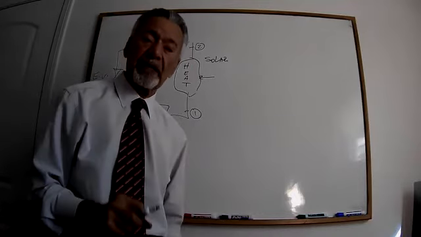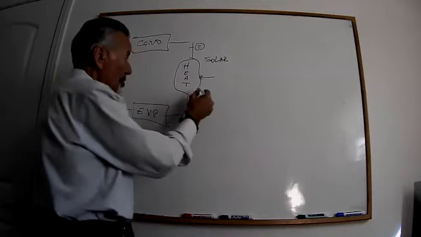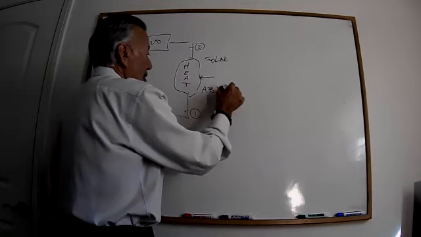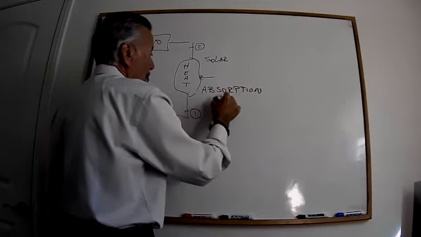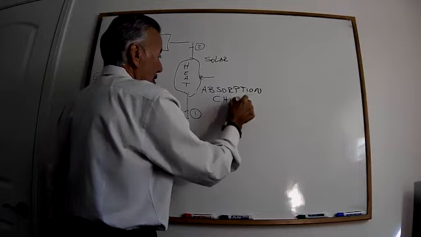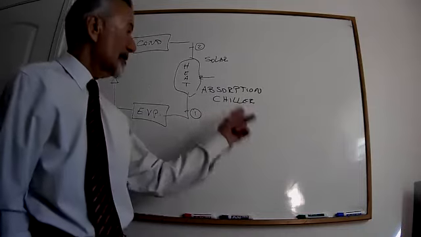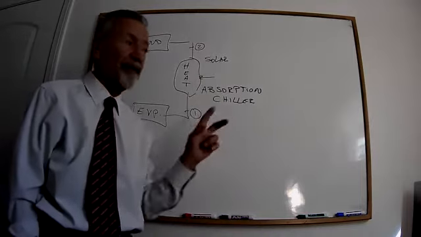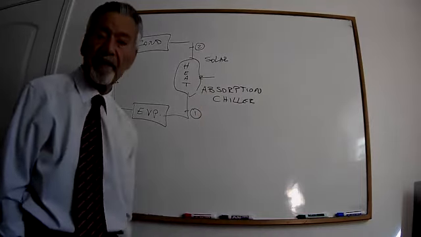Then we captured that process heat and put it in a unit called an absorption chiller. That absorption chiller provides chilled water to the air handling unit at the top of every building and provides cooling for free.